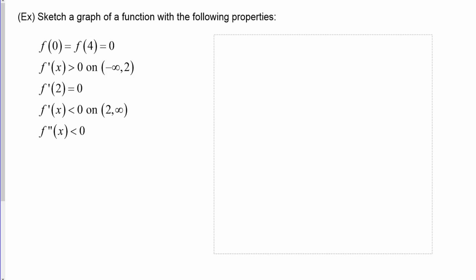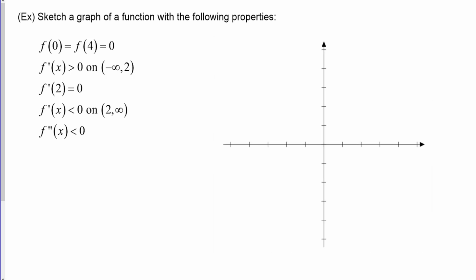This can seem kind of mind-boggling at first, but we take these piece by piece and put them together, and we really can produce a graph without much effort at all, as long as we understand the properties of the derivatives, first and second, and put them all together. So first things first, let's start with right here. f of 0 is equal to f of 4, which is equal to 0.